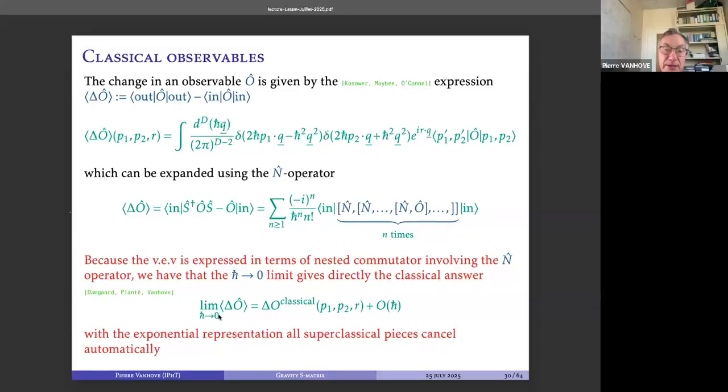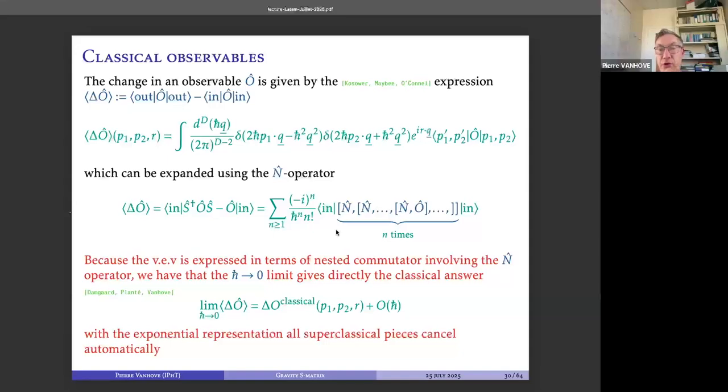Then there is the limit of this quantum quantity. This is computed in a quantum formalism, so there is h bar everywhere. But if you then take the limit h bar going to 0, because there is the N operator that has the property I just presented, you know that the limit is going to be well behaved and give you the classical result, exactly what you want, plus quantum corrections.